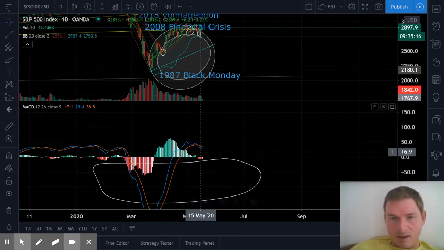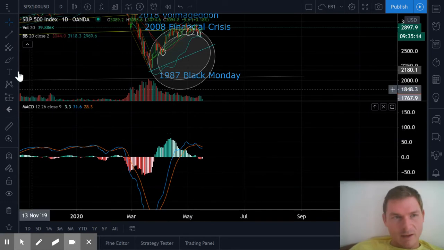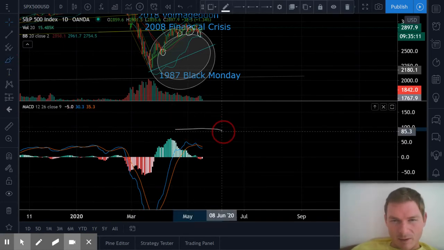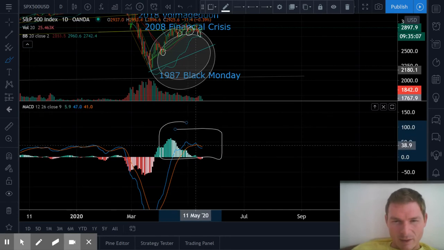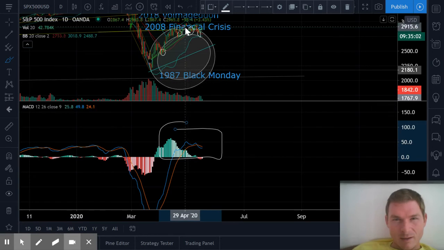We are still up in bull territory here from our big bull run, and it's looking like it's turning over maybe back here in this area. Yeah, that was the highest peak, and it corresponds with this peak and this thing.